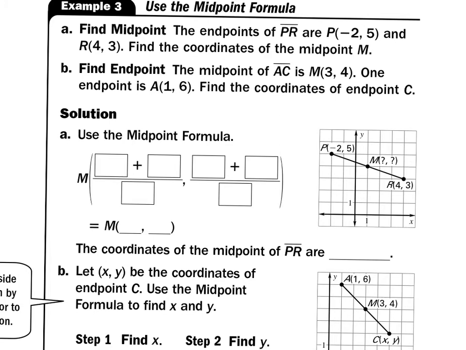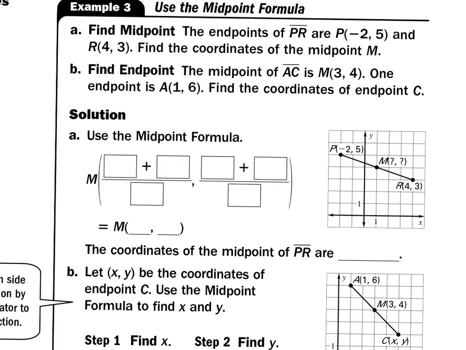Okay, example 3. Find the midpoint. The endpoints of P are negative 2 and 5 and 4 and 3. Find the midpoint. So I'm going to go ahead and add the x values, negative 2 and 4. Then I'm going to average them by dividing by 2.